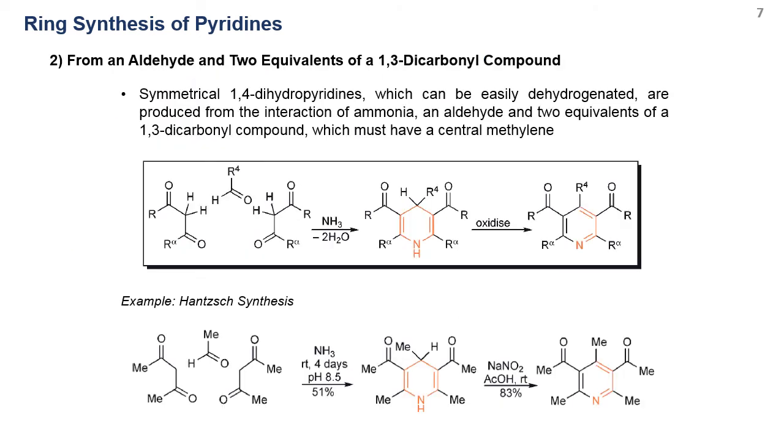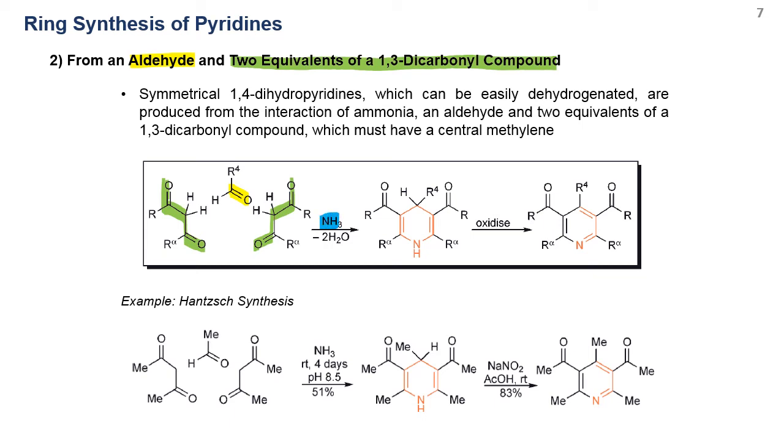Apart from using 1,5-dicarbonyl ketones, another popular reaction for formation of pyridine is to use an aldehyde here with two equivalents of 1,3-dicarbonyl compounds. So here and here. And also you need one equivalent of ammonia as well.